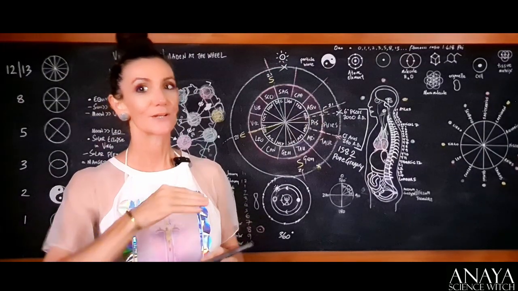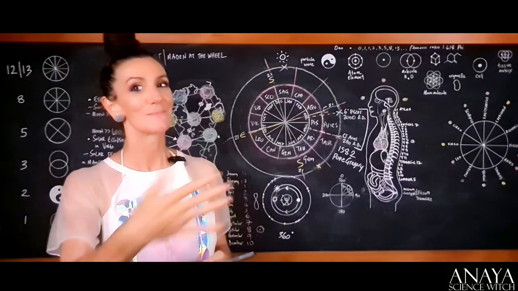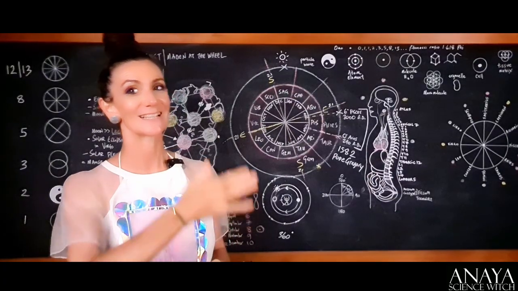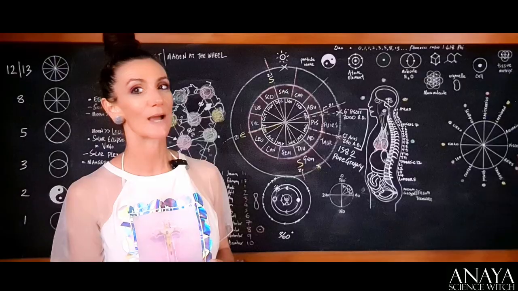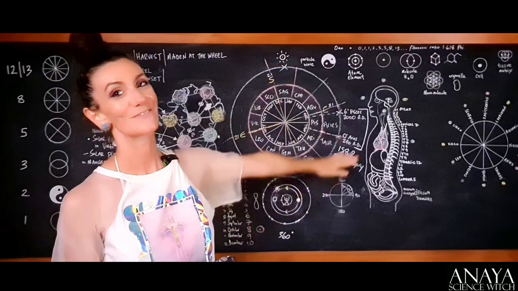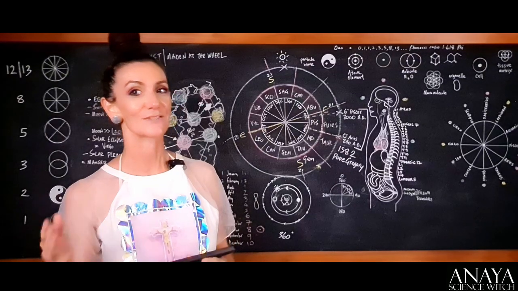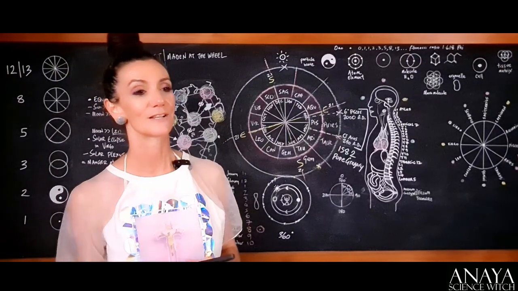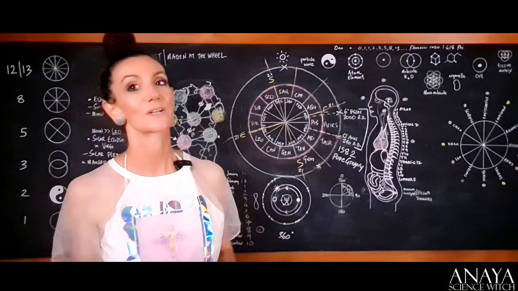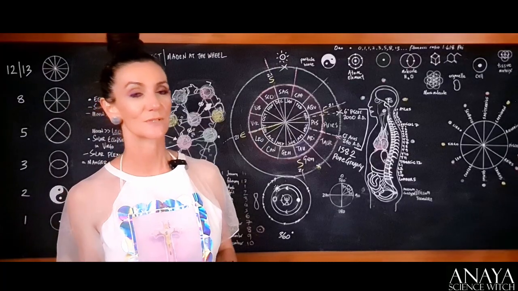So, most people know the menstrual cycle of the female, and then at the 14th day, or the midway point of that cycle, the egg is released, and if it's not fertilized, then half a cycle later it's going to be released from the body as the menstrual fluids.